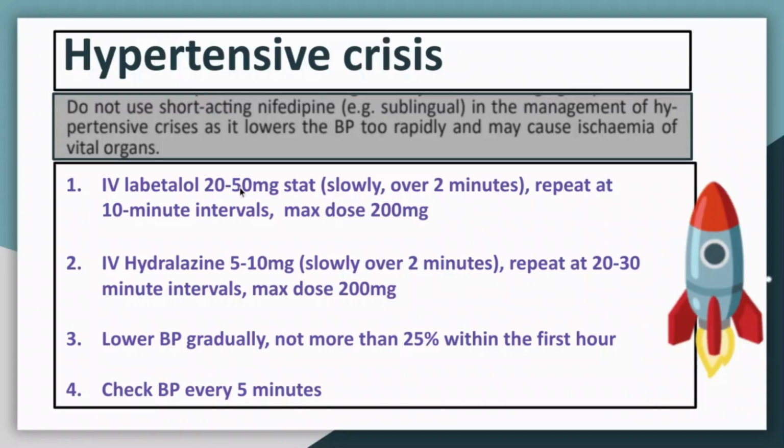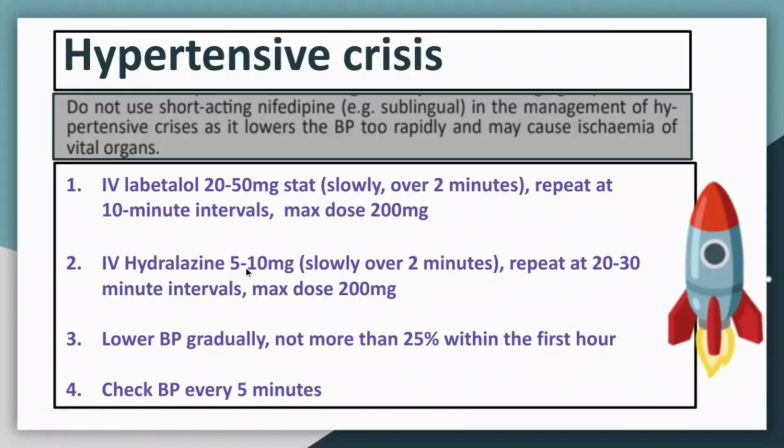Okay, so 20 to 50 milligrams of labetalol slowly over 2 minutes, and you can repeat it at 10 minutes interval. The maximum dose is 200 milligram. All right, so that's it. The difference between labetalol and hydralazine is that for hydralazine, the dosage is different.